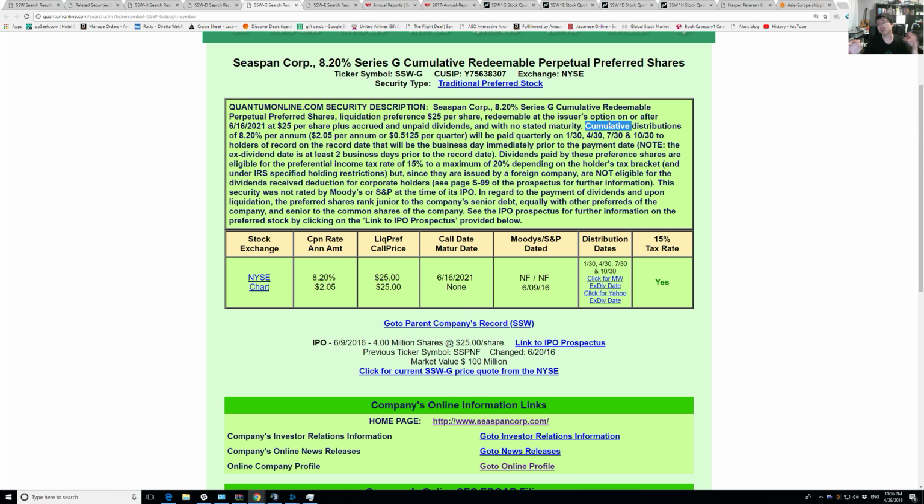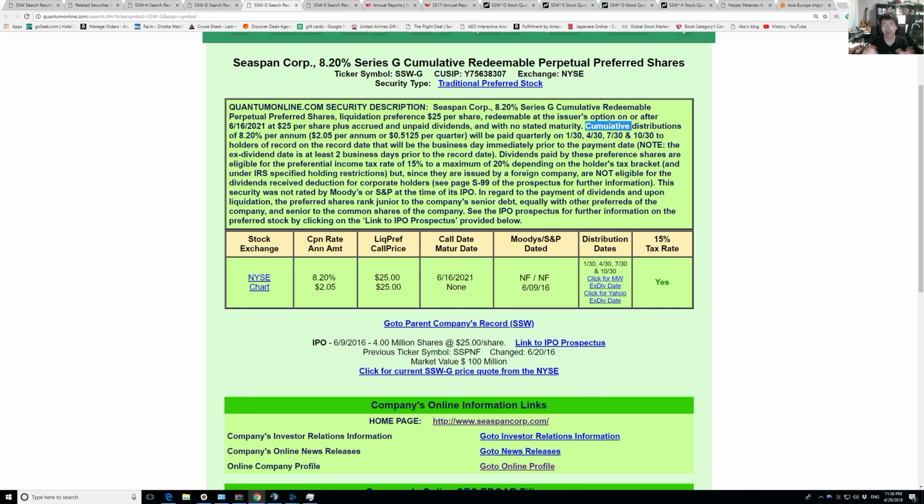Cumulative just means that if they skip a payment, there's essentially an accumulation of these payments. Since this is a dividend, not an interest payment, there's no contractual obligation for them to pay you. They have the option of suspending preferred share dividend payments.